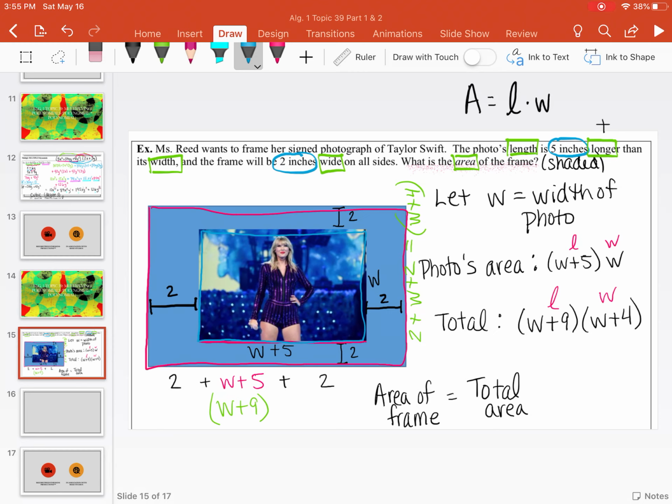That will give us, with the blue frame, what the area of that is. So we're going to take the total area of the frame and subtract the area of the photo. Here we can use the dimensions that we already identified in order to solve this.